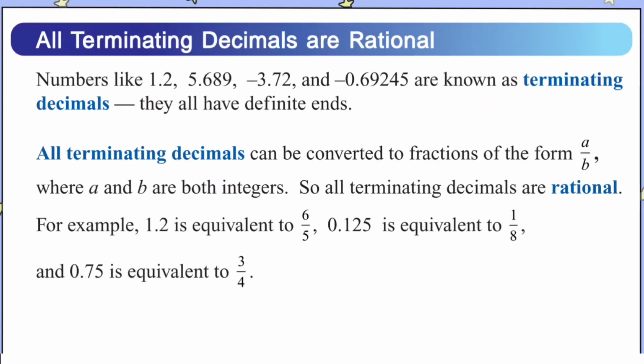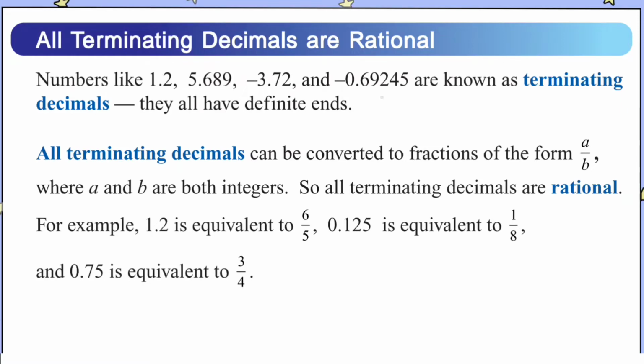Similarly, all terminating decimals are rational. So whenever you have a decimal that ends after a certain number of decimal places, not by you rounding it, but by it simply ending, then that number is rational. And that's because every terminating decimal can be converted to a fraction that has an integer on the top and an integer on the bottom.